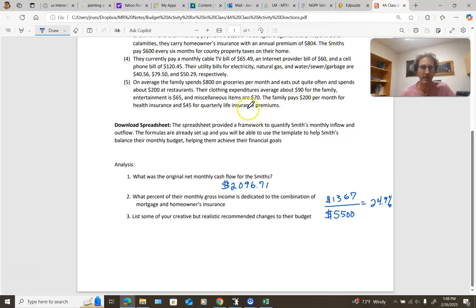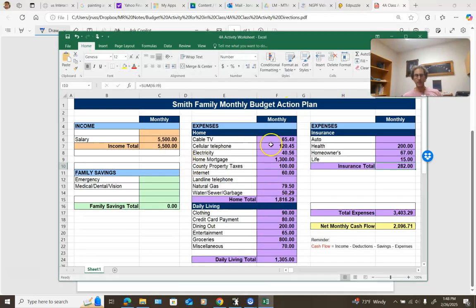So if all your spending on your home is a quarter of your gross income, you're doing pretty good. And then number 3 says list some of your creative but realistic recommended changes to their budget. Okay, so the idea here is that if they had come up in the negative, then you could make some changes, and you could come into the spreadsheet and make those changes accordingly. But because they're so far in the positive, we could actually start allocating money to savings over here, right?